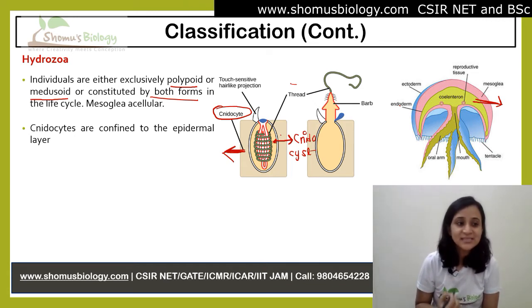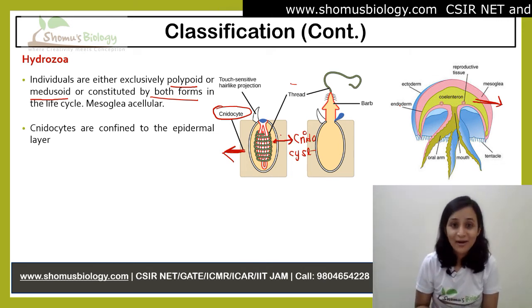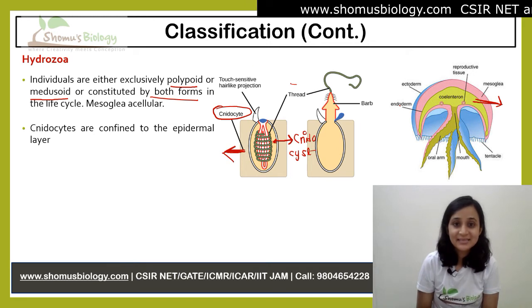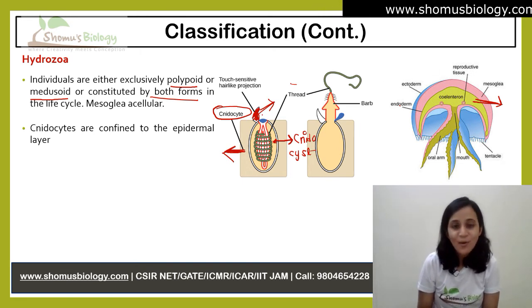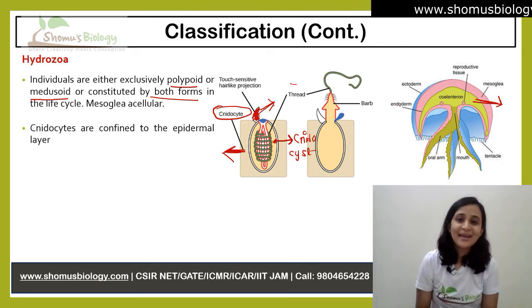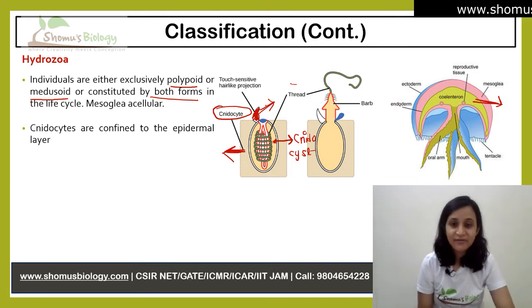This cnidocyst can deliver a sting to another organism. Here you can see the sting, or hair-like projection, and the cnidocyst bears this sting. It is important for prey capture, and it is also used for anti-predator defense.